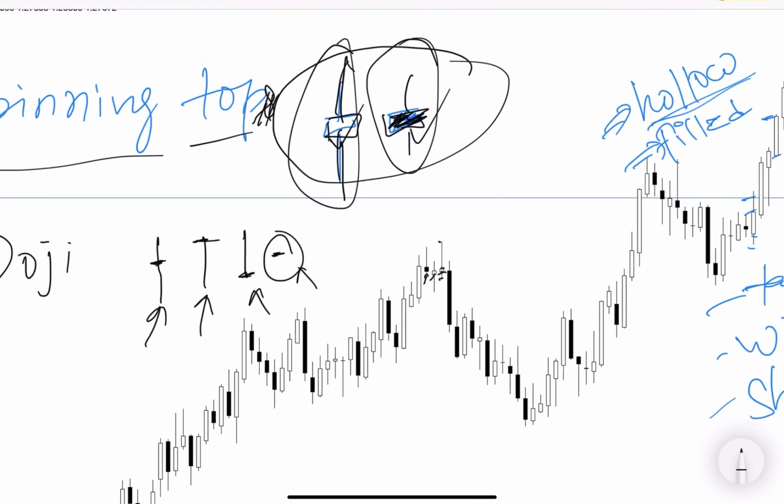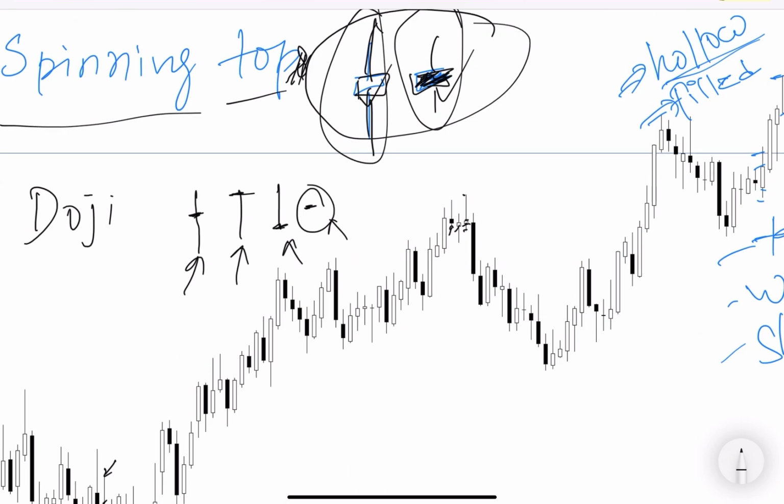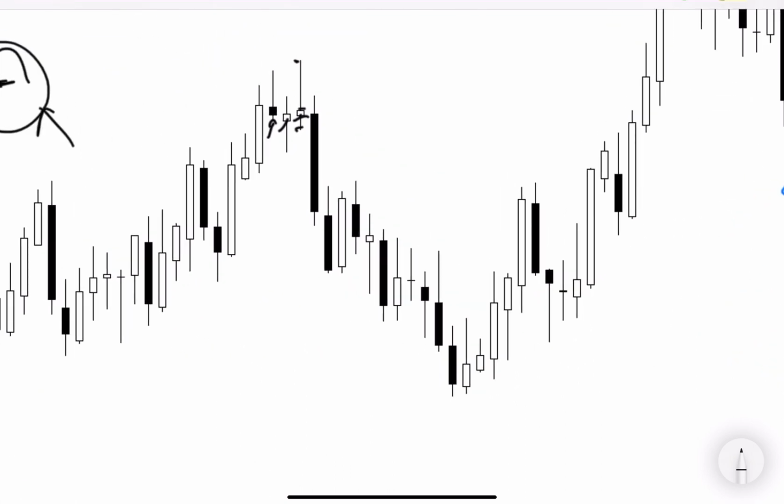But if I want to give you a better example of a doji, here we have a doji. This is a long-legged doji, and the total size of this candle is kind of smaller. It should have been even smaller to be an even better doji, because if you look at the recent candle sizes, this is kind of like 60% of the size of the candle.